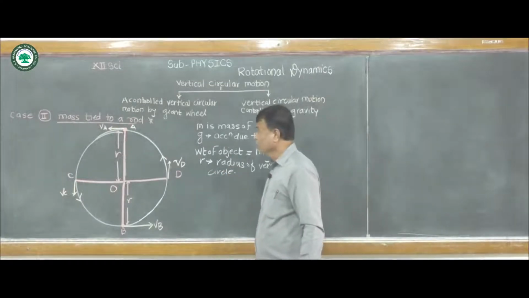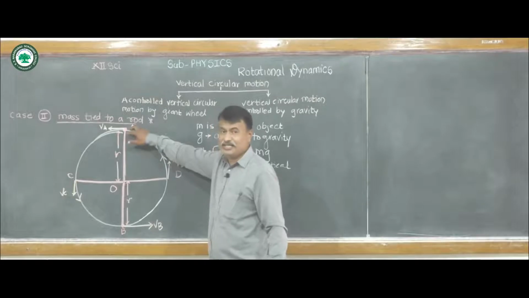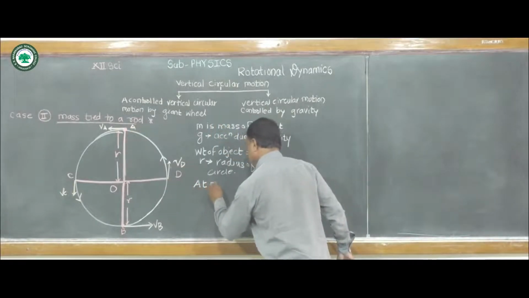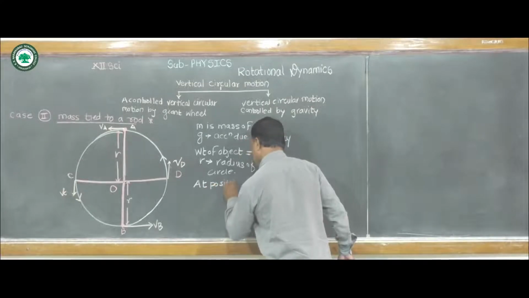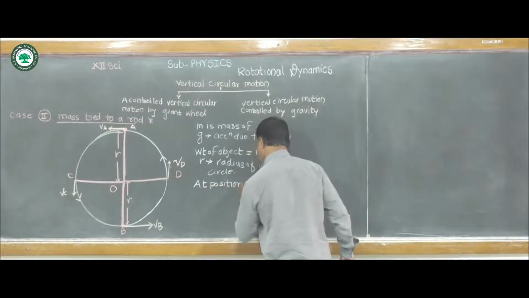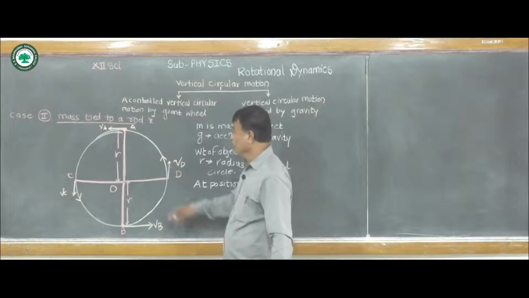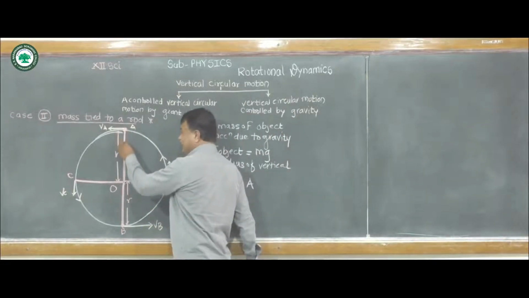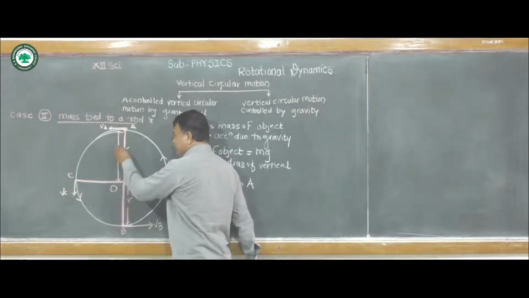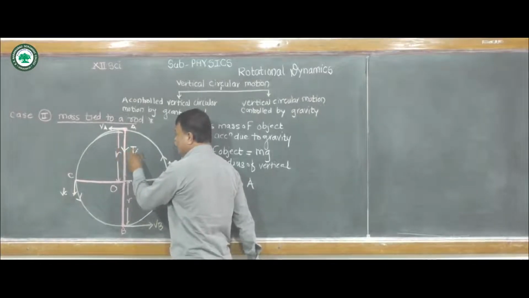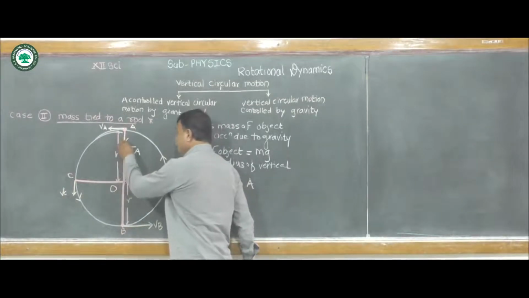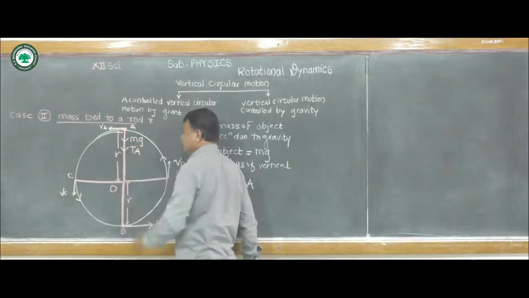Now when particle is at position A, in that case tension in the string is in a downward direction, which is shown by TA, and weight of that object is also vertically downward direction.